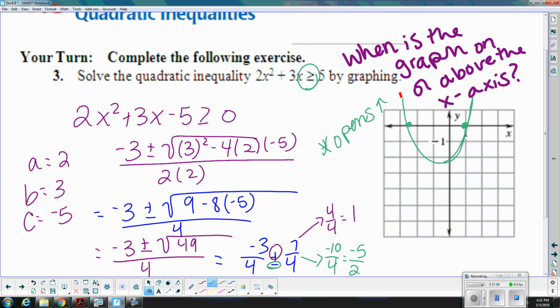And that is true here or here. So therefore, my x values are going to be to the left of -5/2 and to the right of 1. So x has to be less than or equal to -5/2, or x has to be greater than or equal to 1.